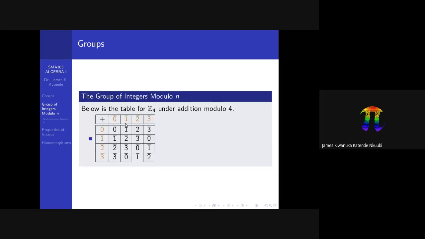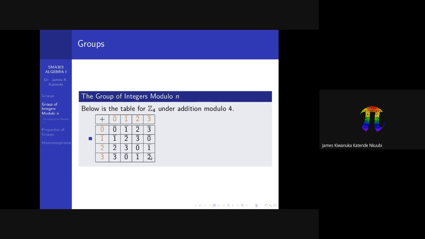If you go back to the table, you'll see what I mean. If you add, say, 1 plus 3, it gives you 4, and the remainder when 4 is divided by 4 is 0. So 1 plus 3 becomes 0. You can try 3 plus 3 is 6, and the remainder when 6 is divided by 4 is 2.